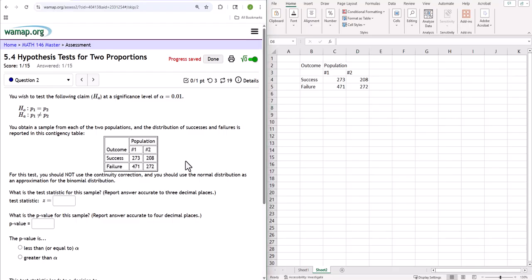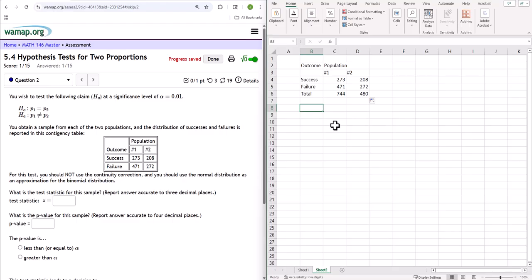And remember our formula, we need to know these proportions here, P sub 1 and P sub 2. So we have successes and we have failures, so we need to get a total. And to do that, we can just use the sum function. And if I grab these two and then drag it over, we've got the sums now.